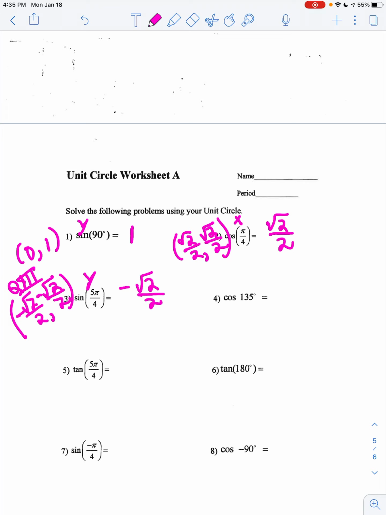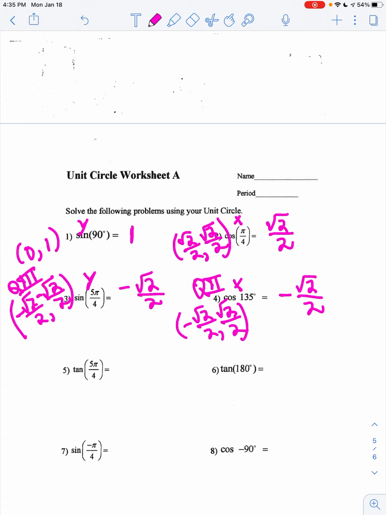Cosine of 135, that is also a multiple of pi over 4, but it's quadrant 2. That means that the x is negative. I think about that quadrant, while the y is positive. We only really care about x, and that would mean our value is negative square root of 2 over 2.